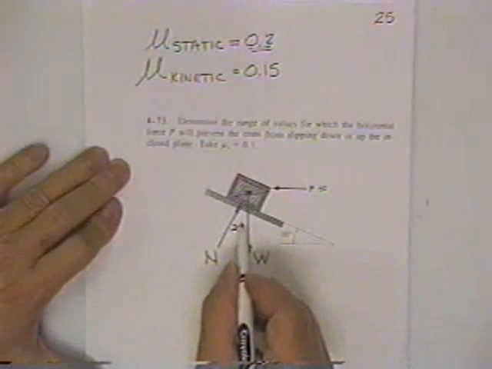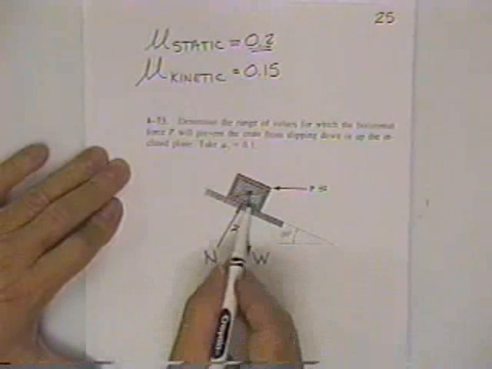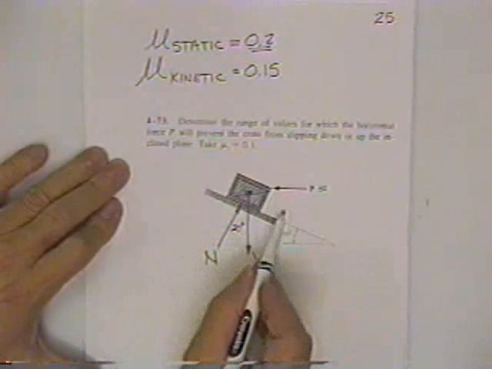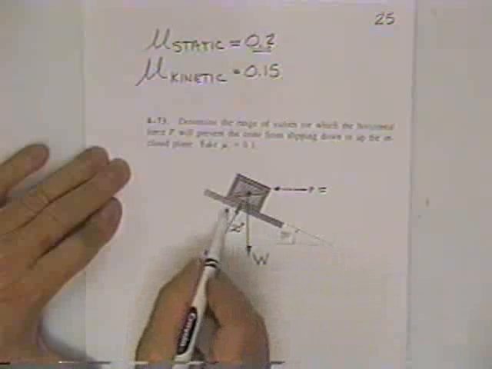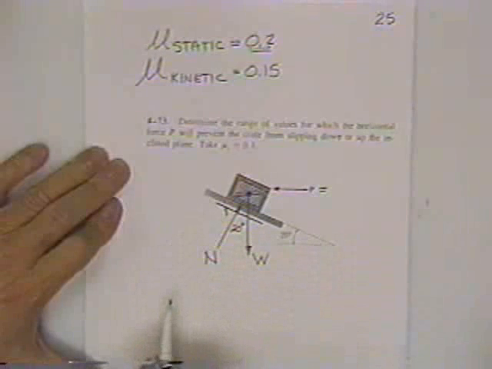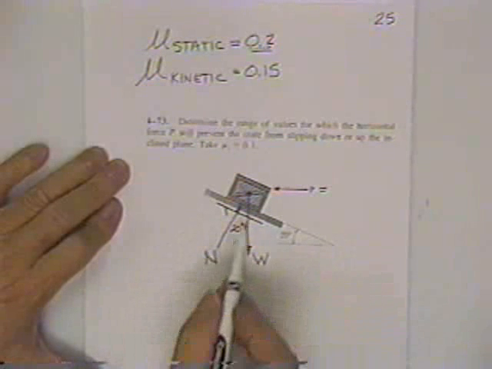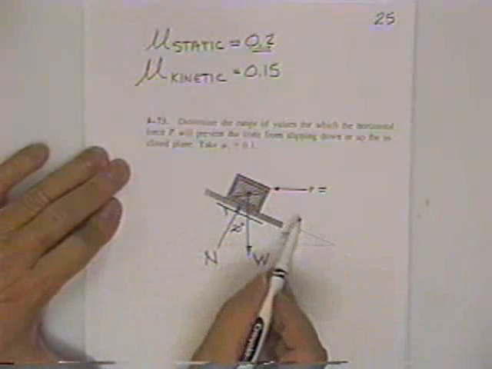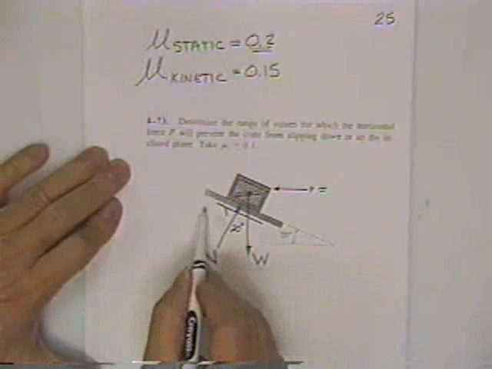The angle between these two is 20 degrees. And since you have told me the crate is going to fall down, friction always resists movement.